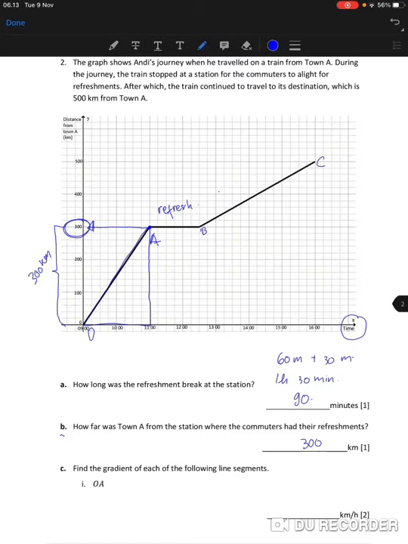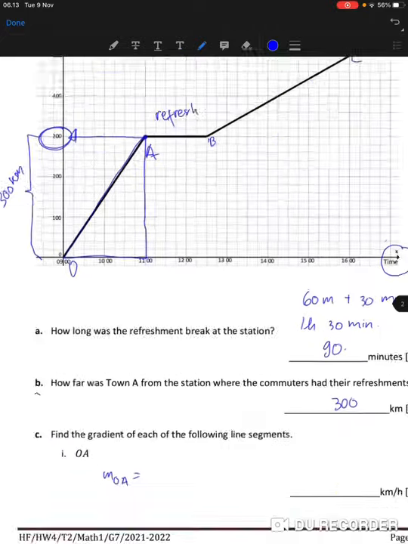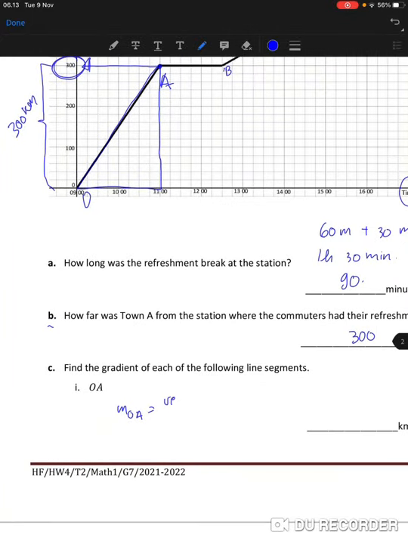Don't forget, if you want to find the gradient of OA, you need vertical over horizontal, right? Rise over run. Alright, the vertical change here we have 0 to 300. It means the vertical change is going to be 300.